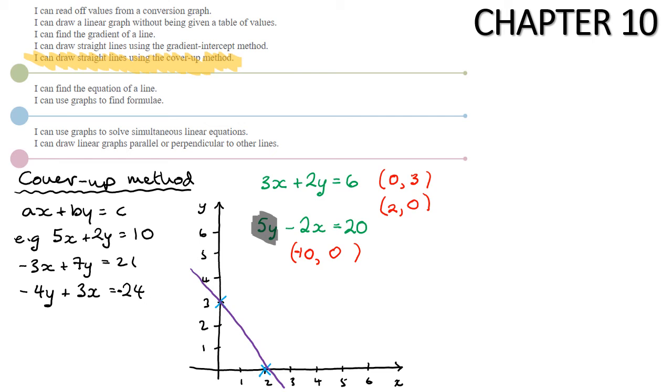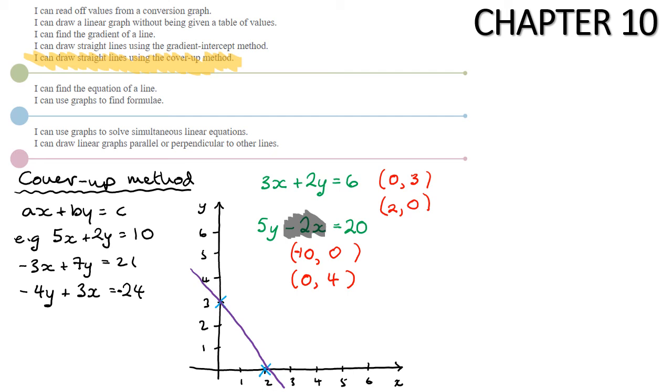I now cover up the other part. So I put that back, which means I need to put the y back. Now let's cover up this bit, the negative 2x here. Since I've covered up the x part, that means the x coordinate is now 0. I'm left with 5y equals 20, which means that y equals 4.